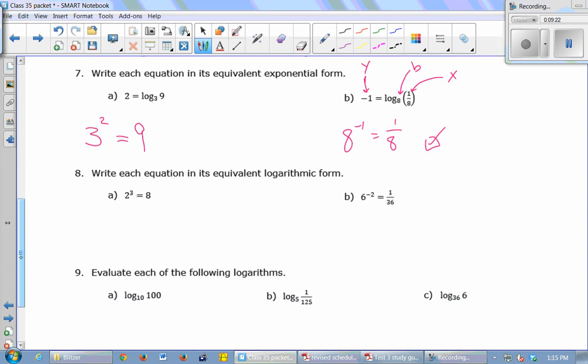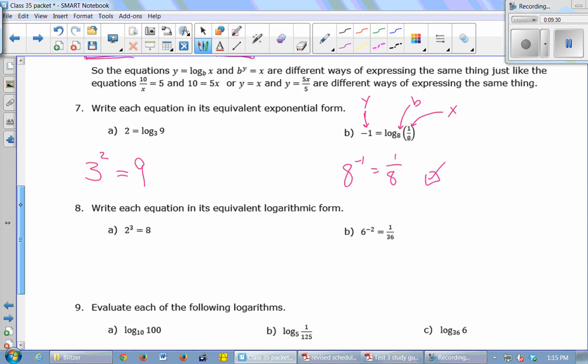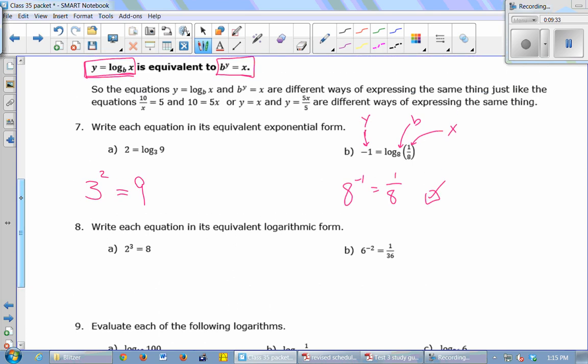All right, so now I'm giving you an exponential equation, and we want to change it to a log equation. So let's identify our b, y, and x. So this 2 is my b, 3 is my y, and 8 is my x.